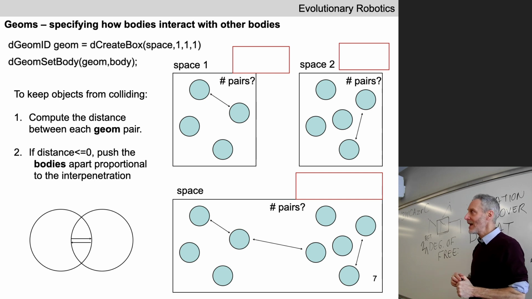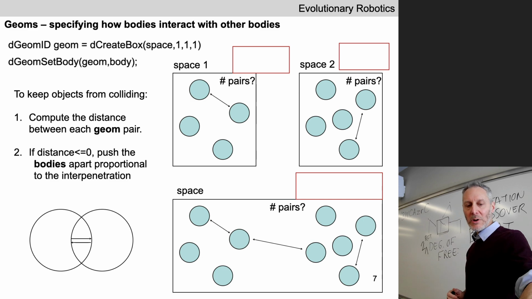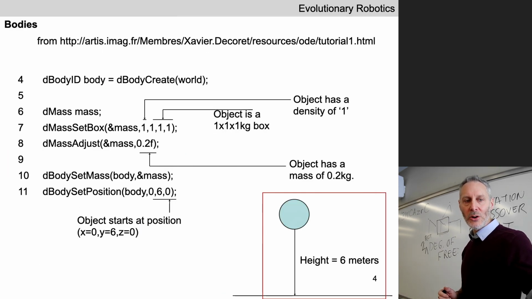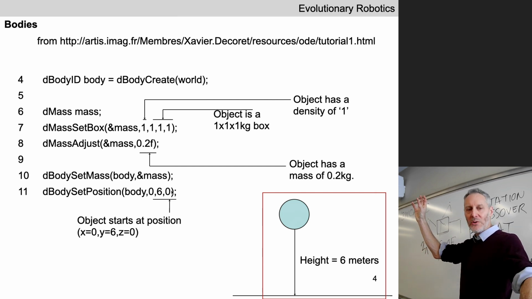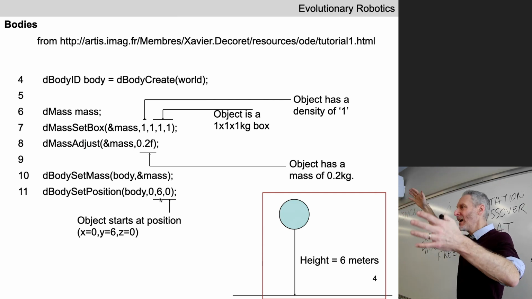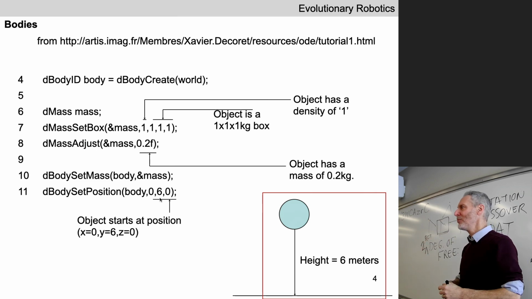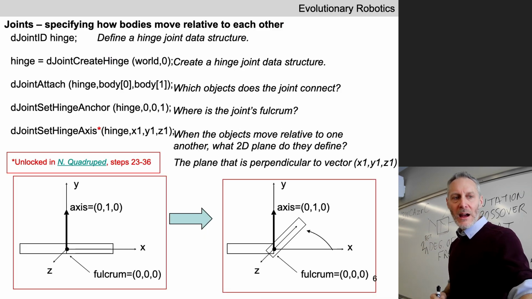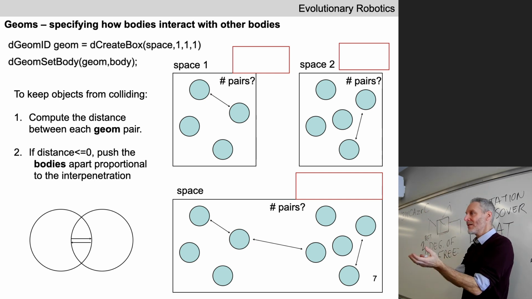And geoms, as the name implies, is the geometry of the object. When we defined earlier the mass distribution and the position of the object, you can think of this as like a little cloud floating at this particular position. It doesn't have a size and geometry yet. It's got a bit of a distribution of mass. A geom in ODE is the skin that surrounds the object.